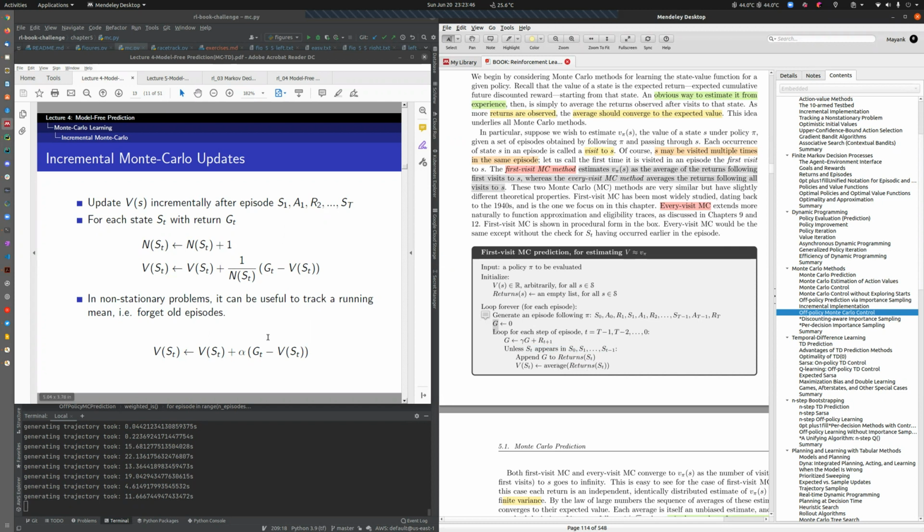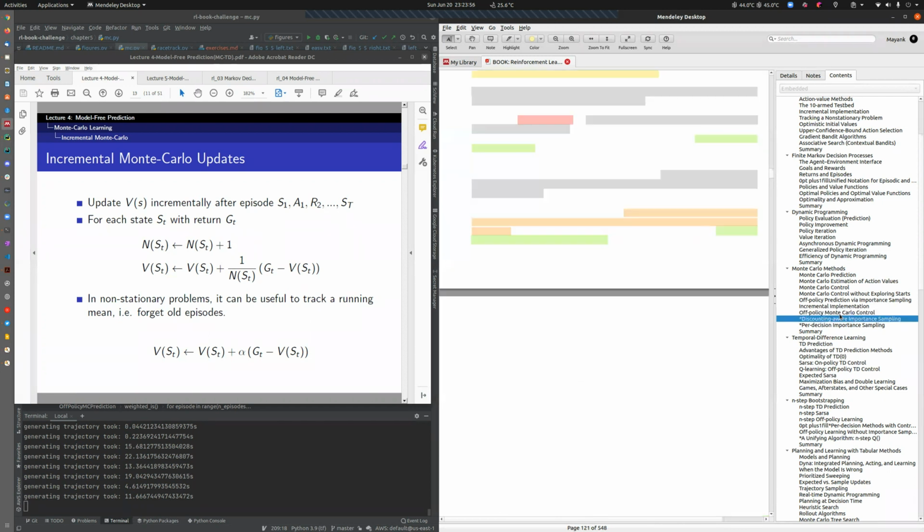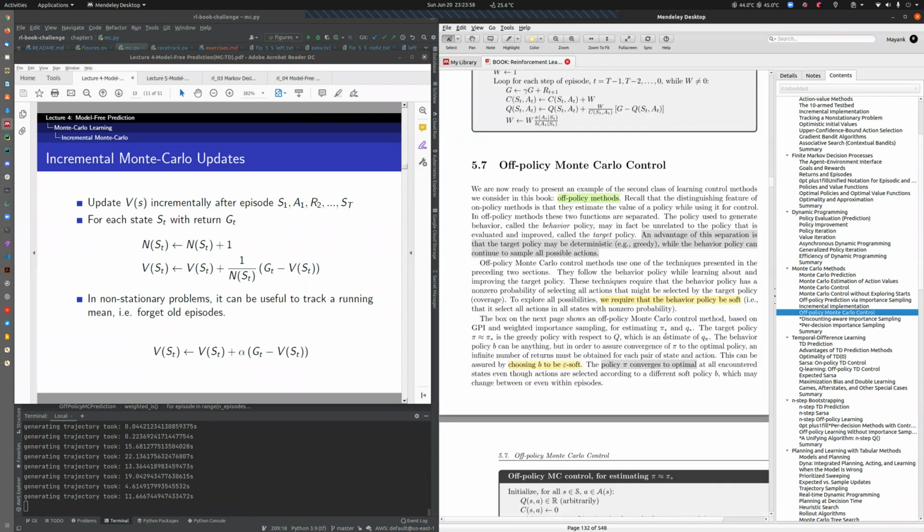So this equation we replace here, and we get that. I think everybody gets that. If not, please feel free to jump in.